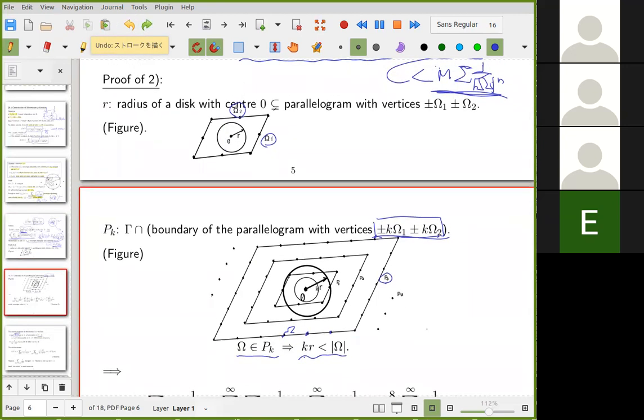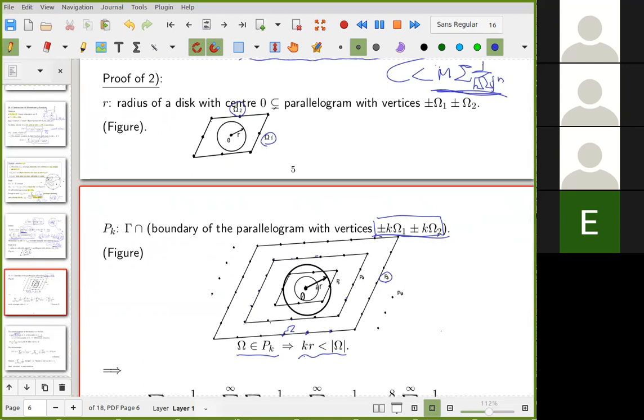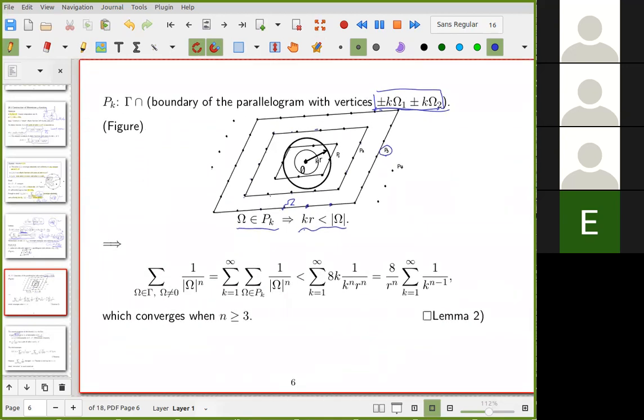And let's count how many points are on this parallelogram. For example, on P2: 1, 2, 3, 4, 5, 6, 7, 8, 9, 10, 11, 12, 13, 14, 15, 16. And so on this parallelogram, there are 20, there should be 24. Well, yeah. Anyway, there are 8 times k points on each parallelogram.